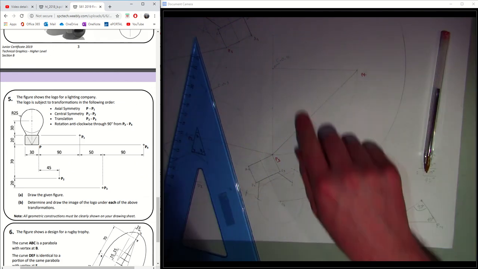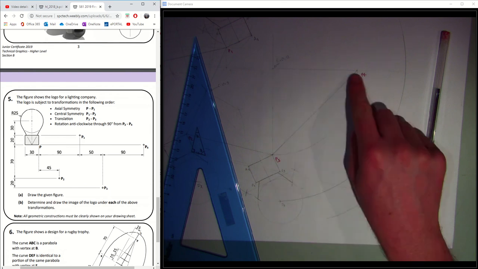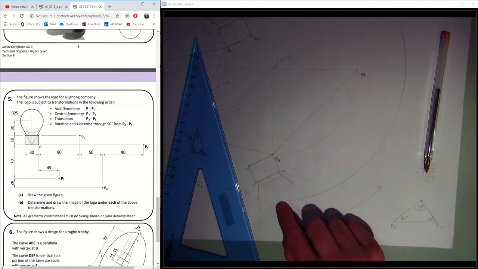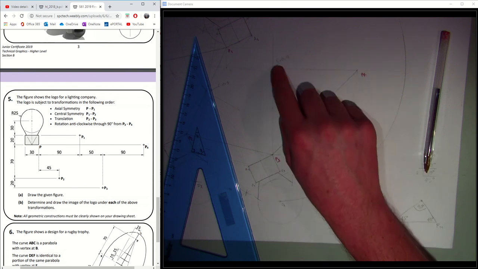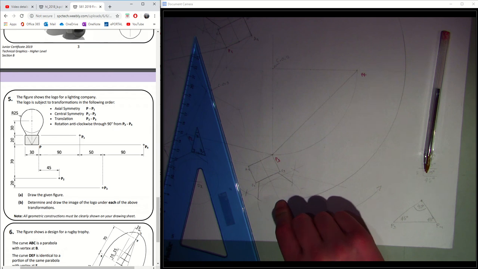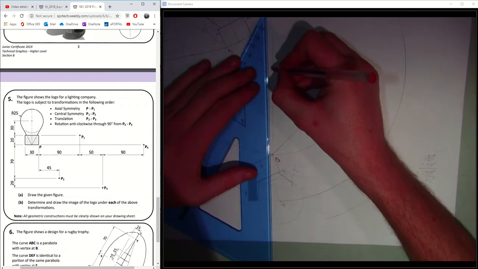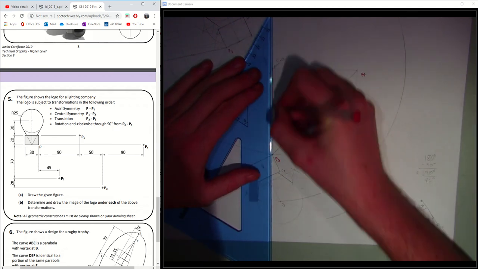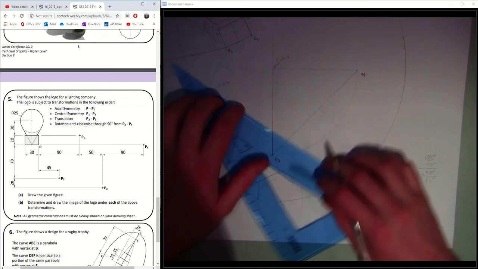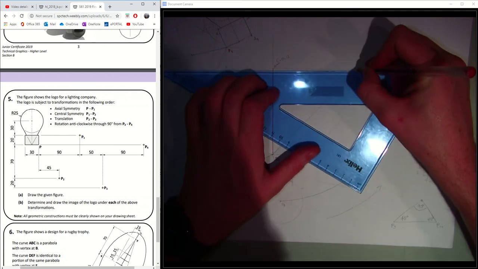Now I need to create a similar triangle to this one here that joined P3 and P4. That's going to be the same as from the center of rotation to D3 back out here. So just to highlight what I mean, I'm going to put this in heavy.